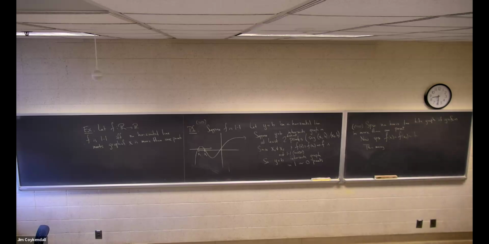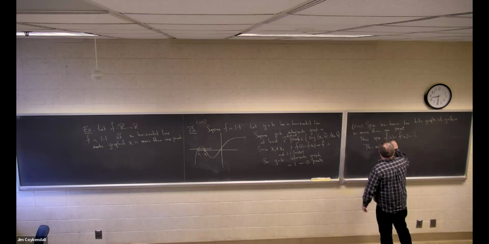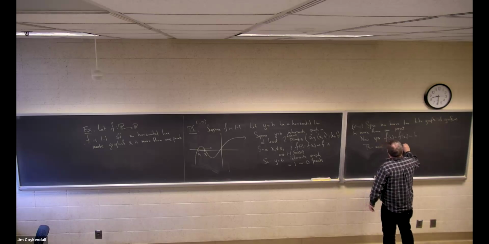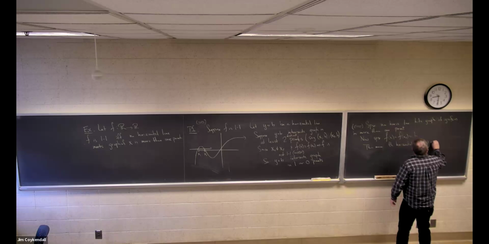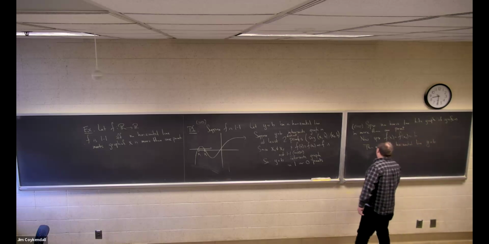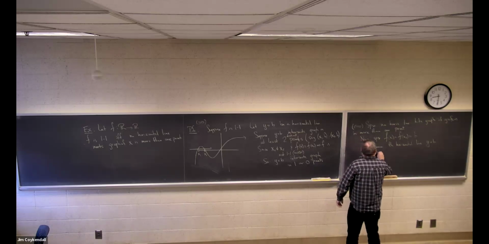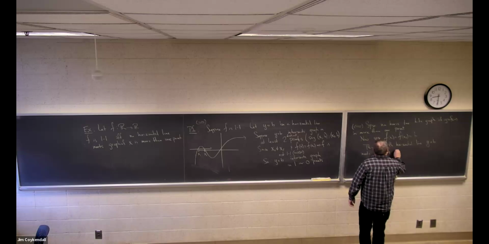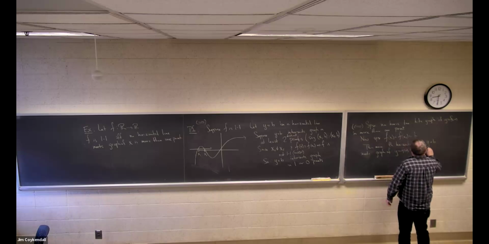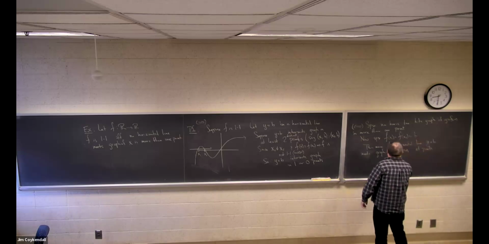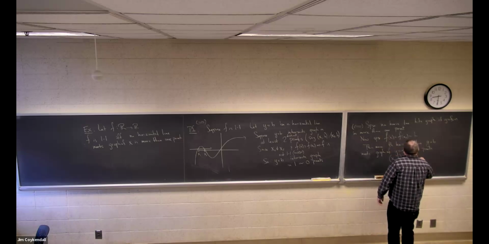That'll be convenient. This means the horizontal line y equals b meets the graph y equals f of x at points (x1, b) and (x2, b).